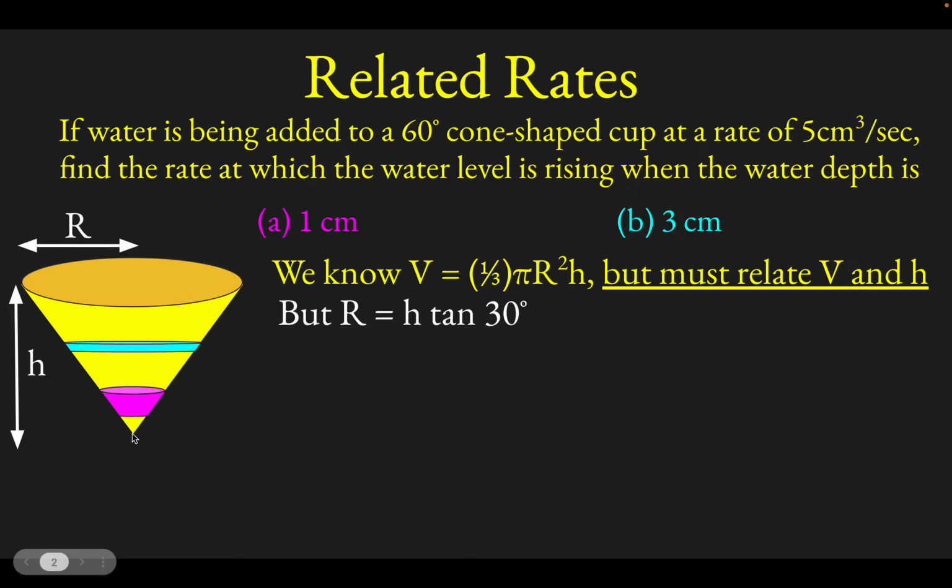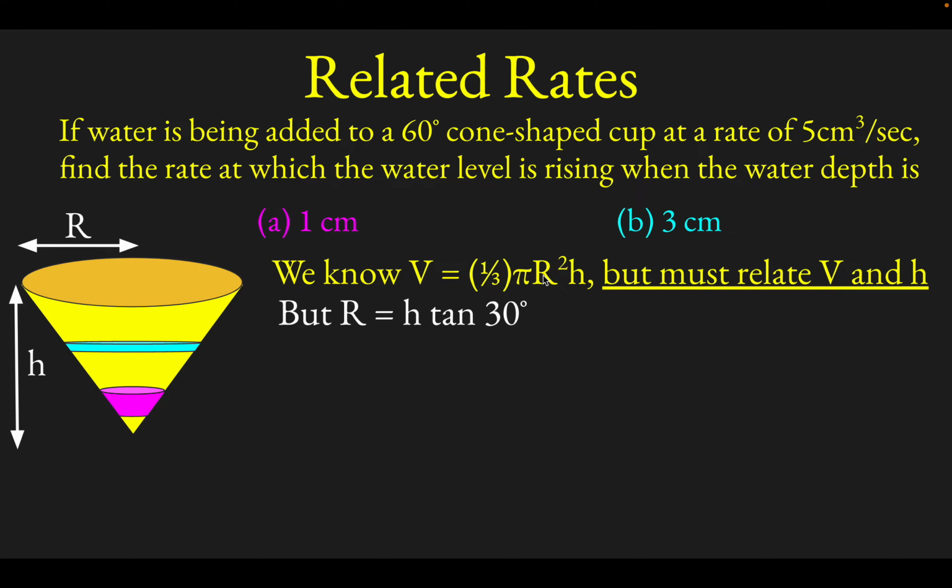So if you imagine running a vertical line from the base of the cone right here to the end of this arrow that represents the radius, we have this little triangle. And the angle from the apex of the cone, from the vertical to the edge of the cone, would be 30 degrees if this whole thing is 60. So this radius is just going to be h tan 30.